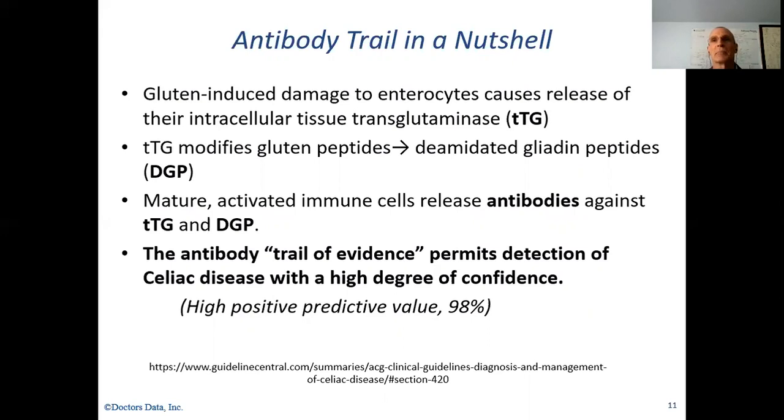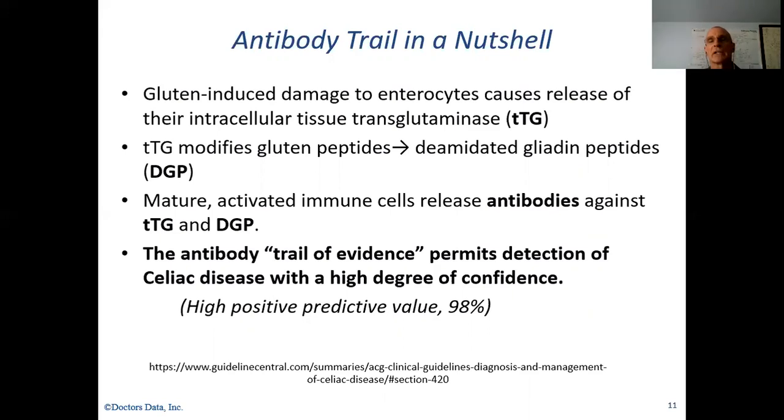When they attack and break down the enterocytes, it releases their intracellular enzyme called tissue transglutaminase. Now, that tissue transglutaminase modifies gluten peptides into deamidated gliadin peptides, okay? Then mature activated immune cells release antibodies against the tissue transglutaminase and the deamidated gliadin peptides.